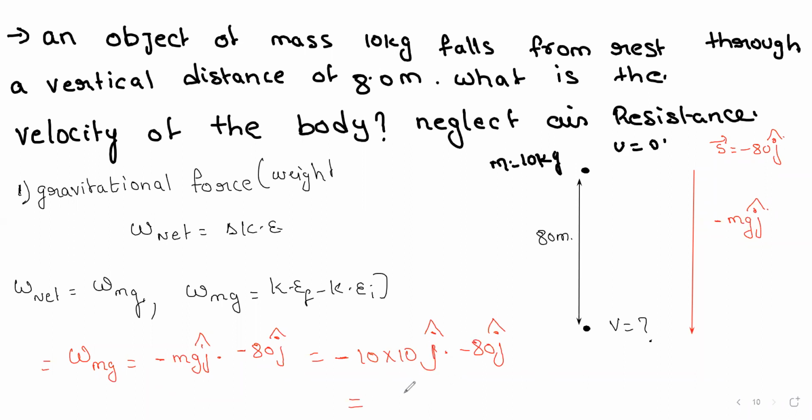So we get 800, that is 80 into 10 power 2. What is the unit of work done? Joule, sir. Very good. See, this small j is direction. This joule is the unit of work done. So we got W mg as 8 into 10 power 2.